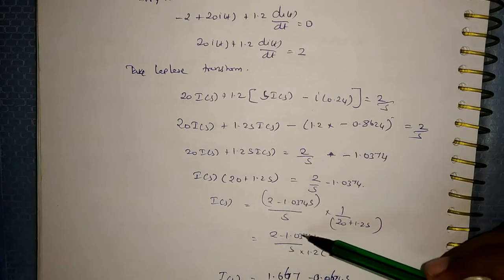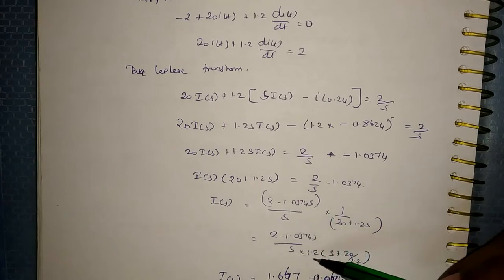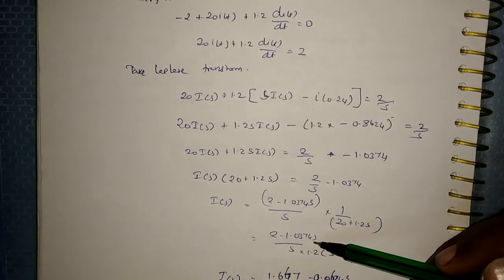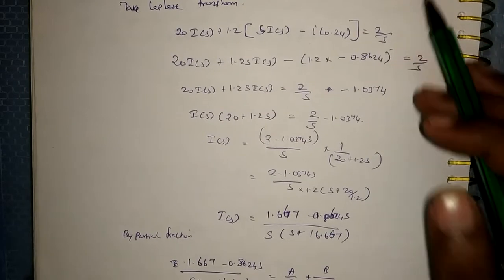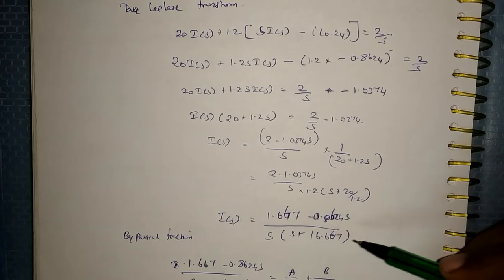So the equation can be written as: dividing 2 by 1.2 we get 1.667, and 1.0374 by 1.2 gives 0.8624, divided by s multiplied by s plus 16.667.